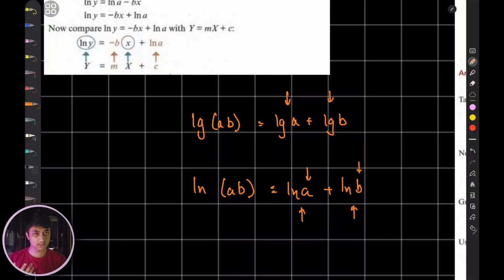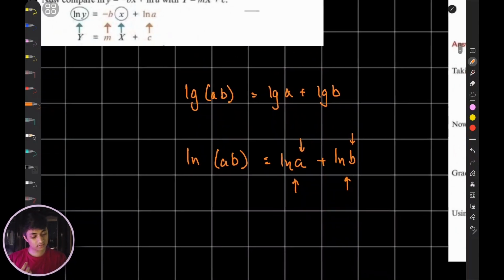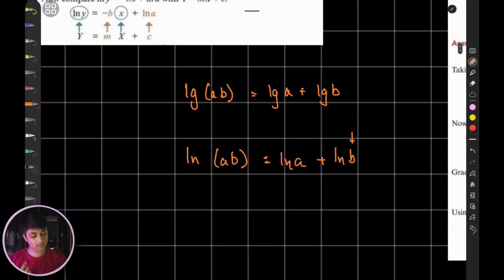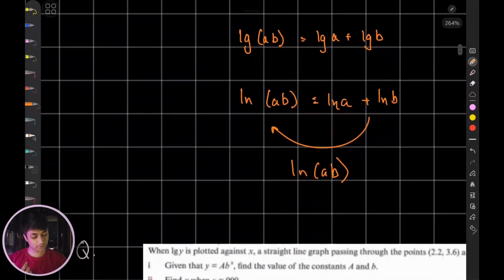In both cases, the base is e. Hence, I can apply this formula to say that if I have ln of A plus ln of B, I can say this is ln of AB. To give a simpler example, ln of 36 can be written as ln of 12 plus ln of 3.